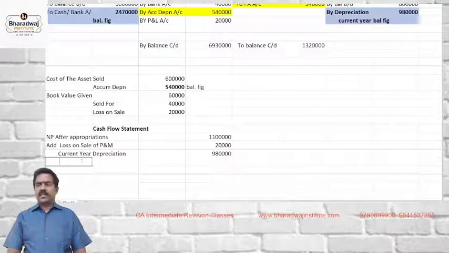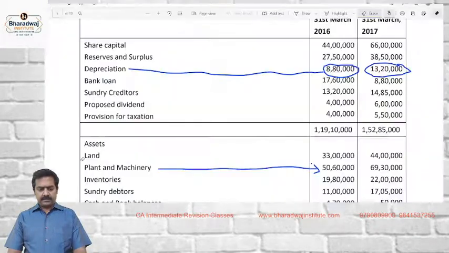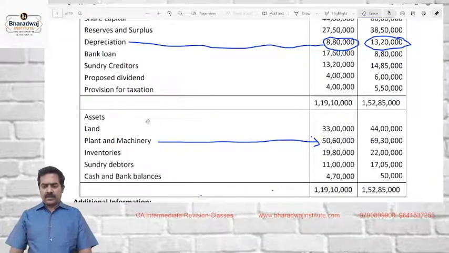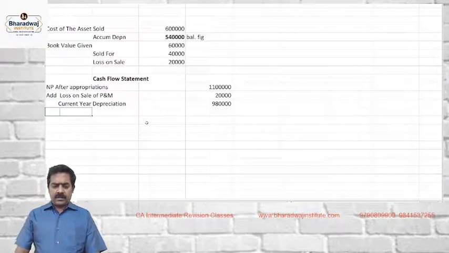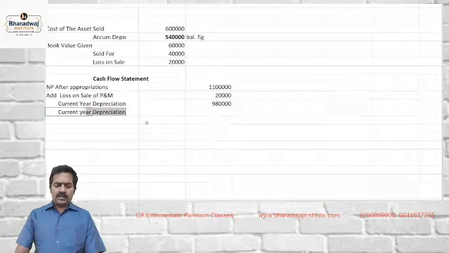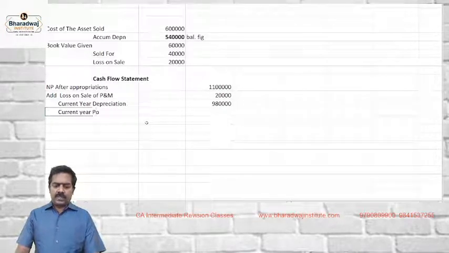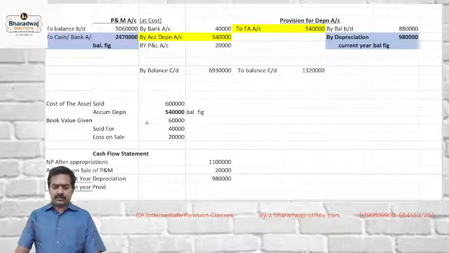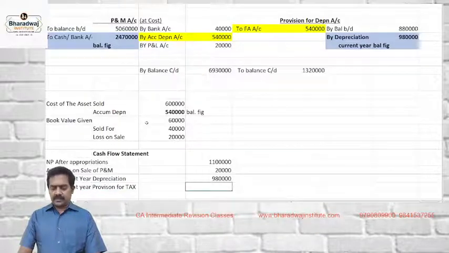Then items not having adjustments. Which one should be taken? Current year provision for tax. What is the current year provision for tax?